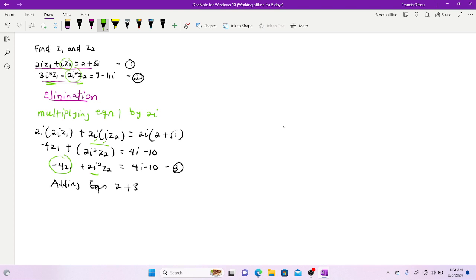So you realize that this cancels this whole term, because 2i squared z2 and here is 2i squared z2, but they have different signs.